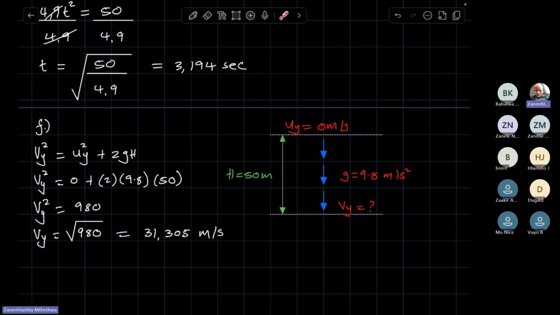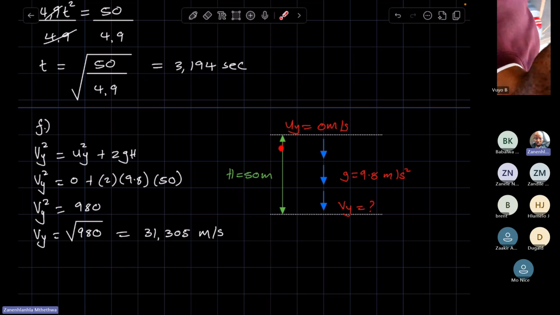This breaks down the problem. So if you want to do well in engineering science, schematic illustrations must be your friend. Free body diagrams must be your friend.